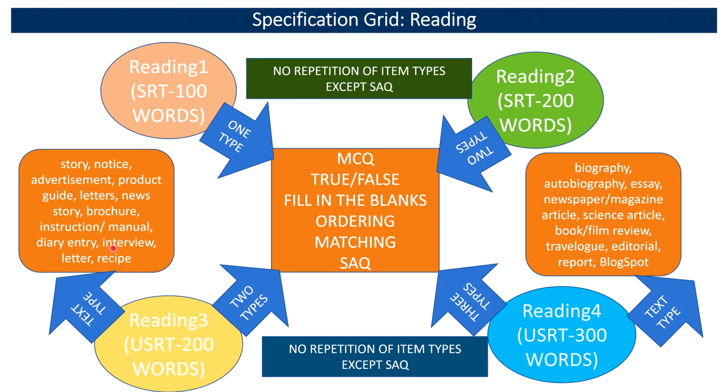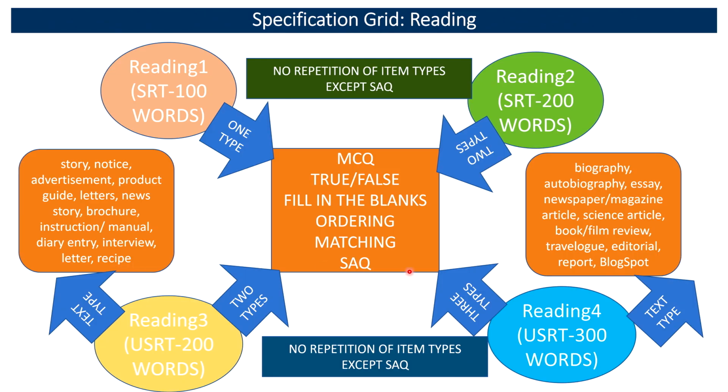So for reading 3: story, notice, advertisement, product guide, letters, news story, brochure, instruction, manual, diary entry, interview, letter or recipe. These types of text will be asked in question number 3 or reading text 3.